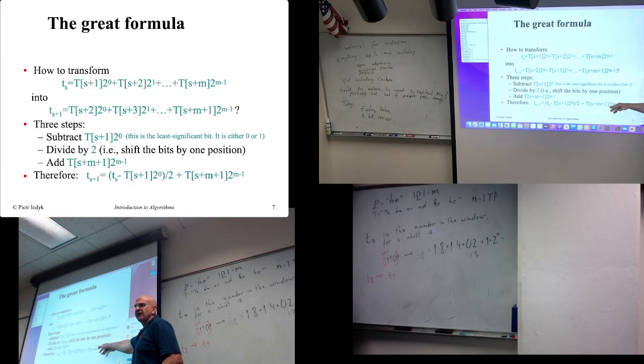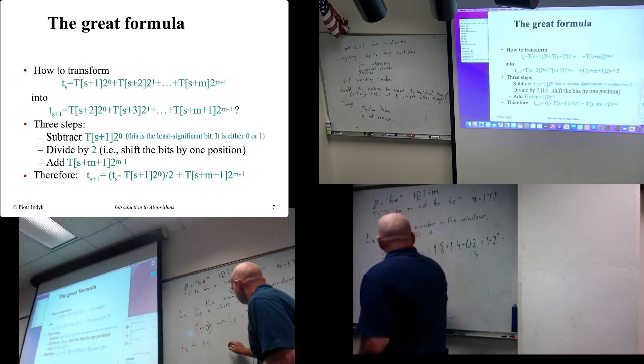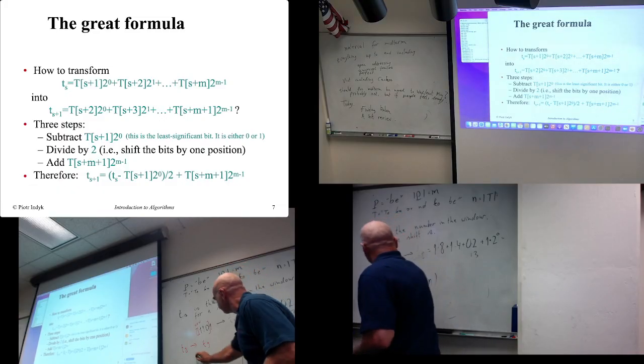That's just the formula, meaning in constant time, supposedly, I can compute from t of s what is t of s plus 1. Remember what we are competing against. The naive algorithm runs in order m times n.